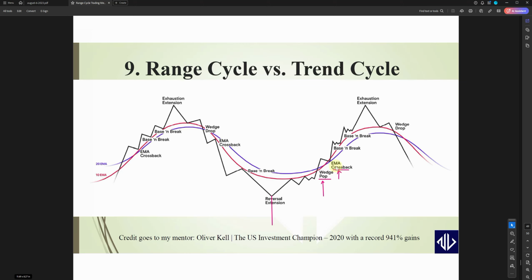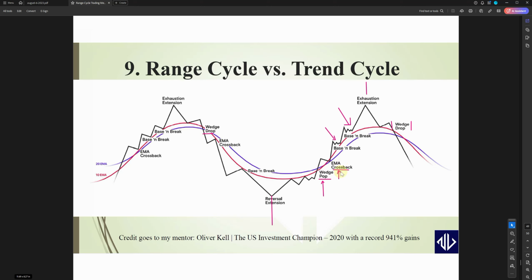Once I'm in the trend, then the first base, second base, this is basically where most of the money is made. And then after exhaustion, we either get another base and then continuation, or maybe we get the wedge drop, like wedge pop and then wedge drop, just like here.